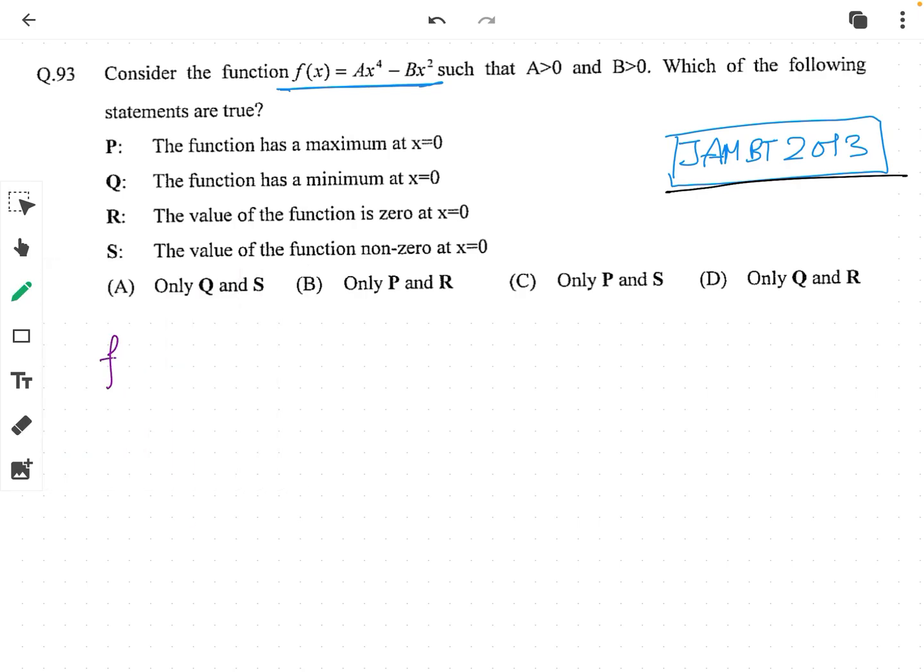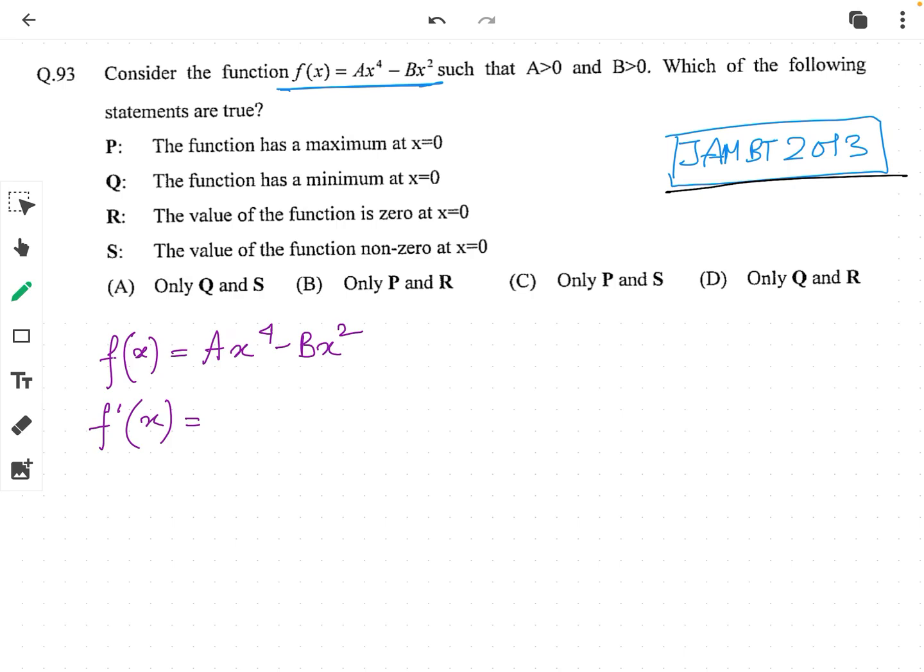So if we have the function as f of x equal a x to the power 4 minus b x square, then first derivative of it is f prime x equal, I hope you know how to find the derivative. It is a very simple function, right?